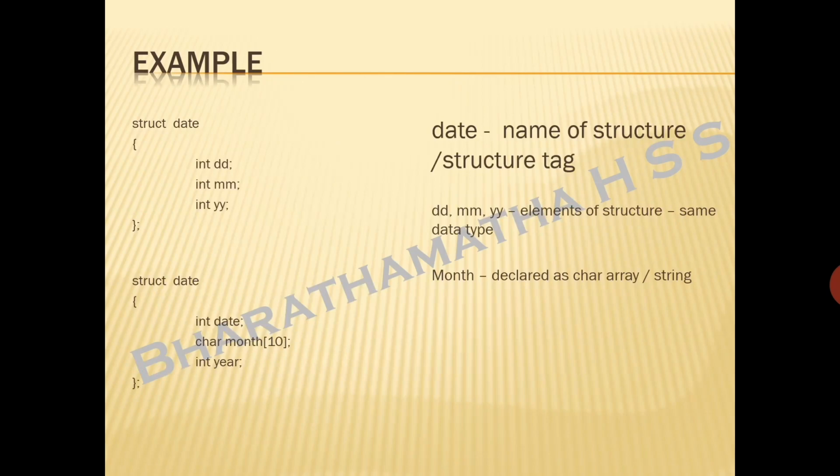Now the next example, just below that, you have int date, char month declared as a character array, then int year. So here you have two different data types, integer and character. A structure can have a collection of various data types in it. Sometimes it may not. So that is why I have given you both the possibilities here.